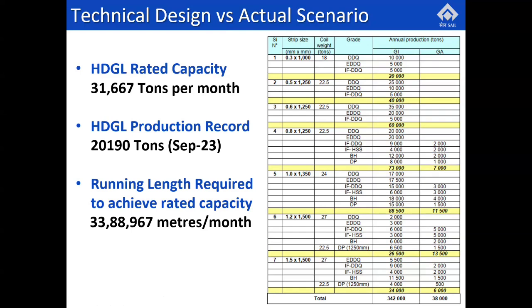So if we translate these quantities into running lengths, to achieve rated capacity, we need to run 33,88,967 meters per month based on this segregation.